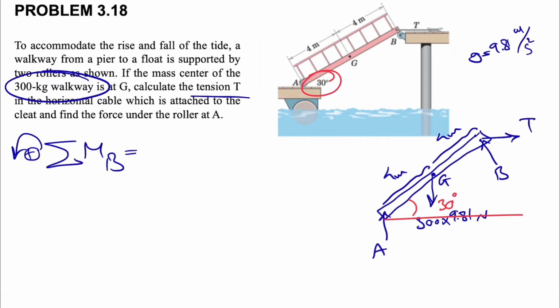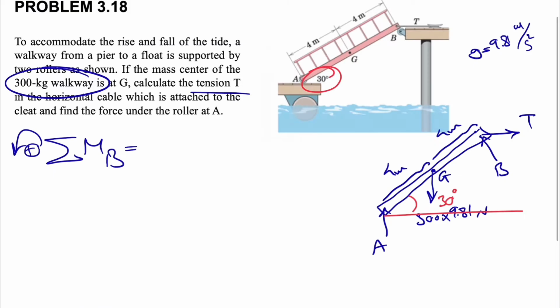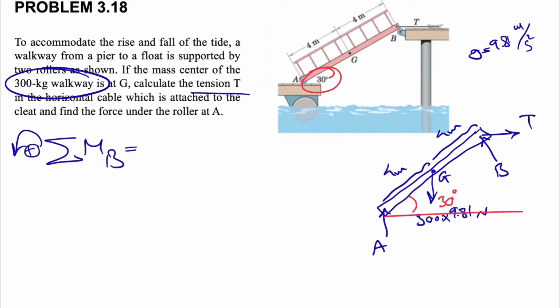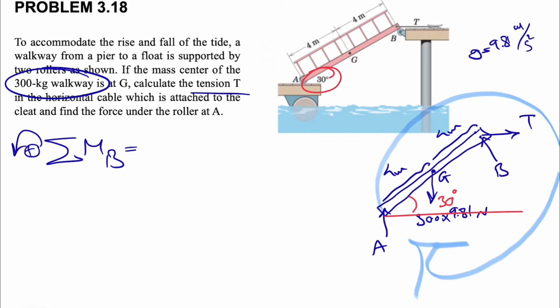Looking at A, we'll see that A makes a clockwise moment about point B. If I show it with light blue, this would be the moment of force A about point B, which means it's clockwise, and it will be negative.